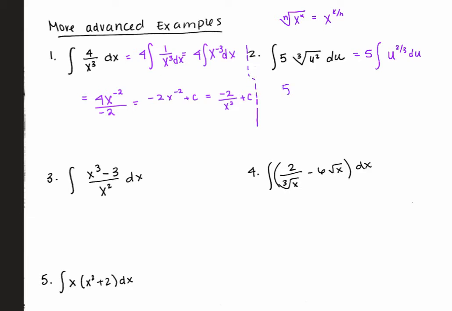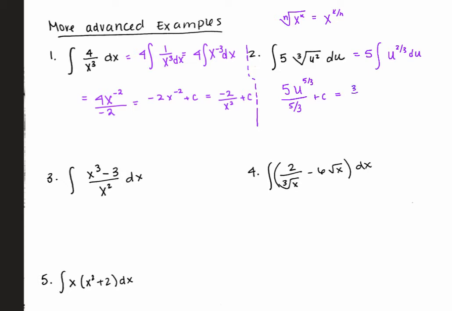I've got my 5, and I'm going to add 1 to the exponent. So I'm going to add 3/3, so that becomes u to the 5/3. And then I'm going to divide by 5/3. Well, the same thing as dividing by 5/3 is multiplying by the reciprocal.